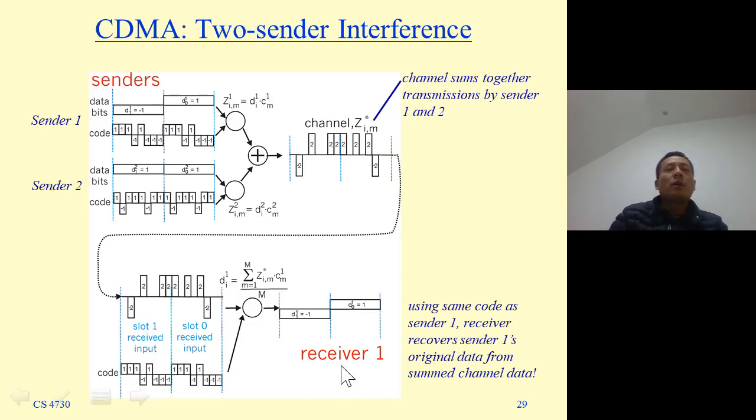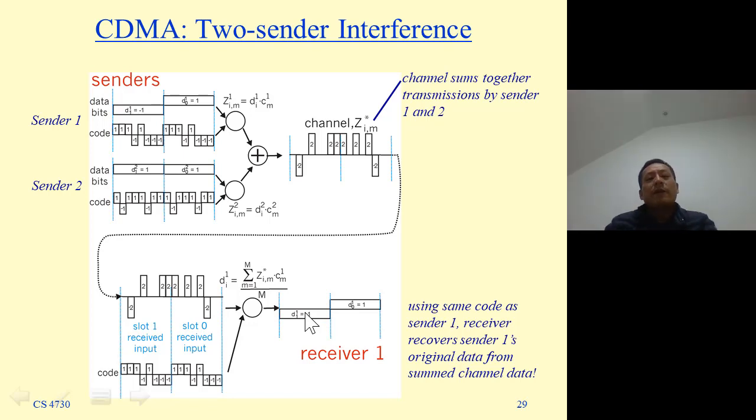Only receiver 1 is able to extract its useful information, -1 and 1, out of the channel. That's the goal, by using the chipping sequence shared with the sender, like a secret key. But whoever doesn't have this key or this chipping sequence is not able to steal the information that does not belong to them.